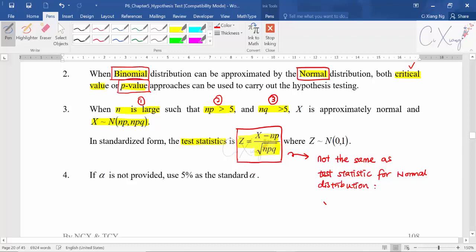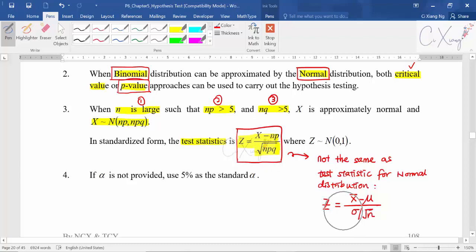Last time when you were having an originally normal distribution, you were using the sample mean as the test statistic. So how to get the Z is the sample mean minus mu divided by standard deviation over the square root of n. So please compare these two and don't get confused.